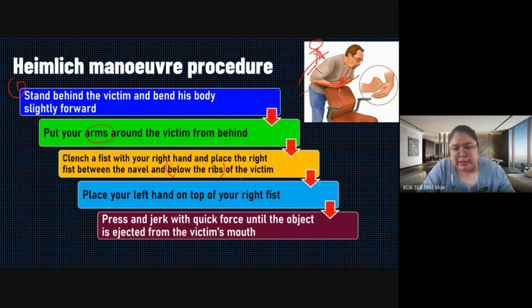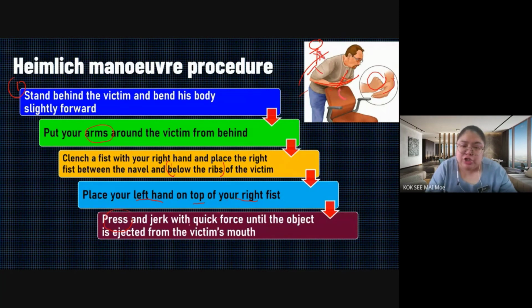Then place your left hand on top of your right fist. So the left hand is above. The right hand you make into a fist, and at the top the left hand covers the fist. Then press in at the rib part.